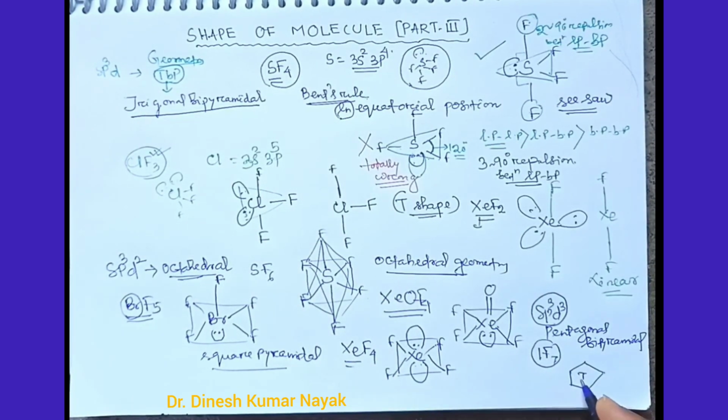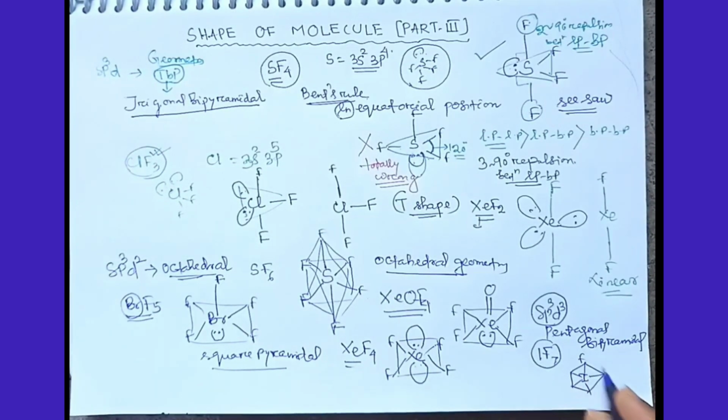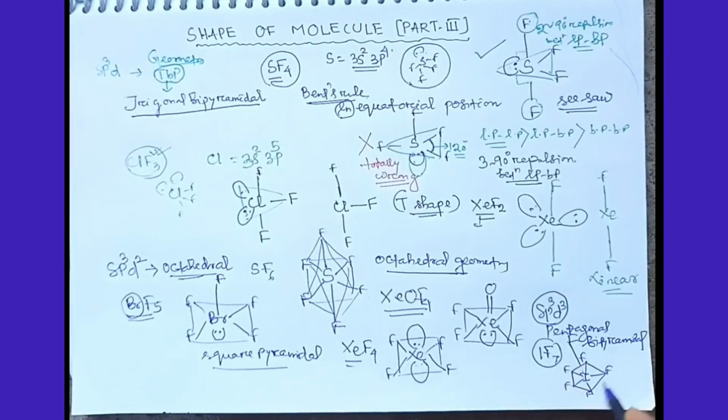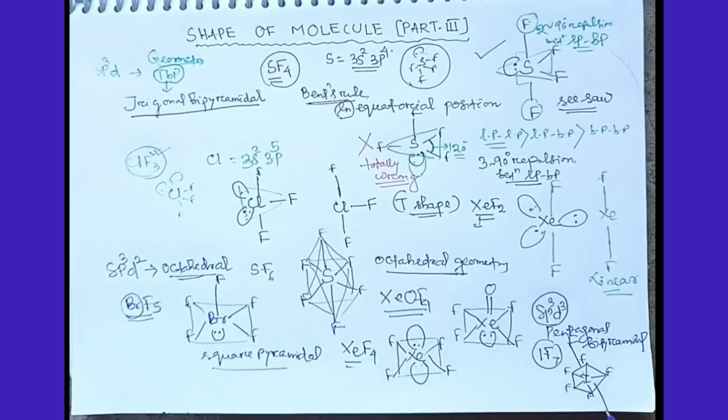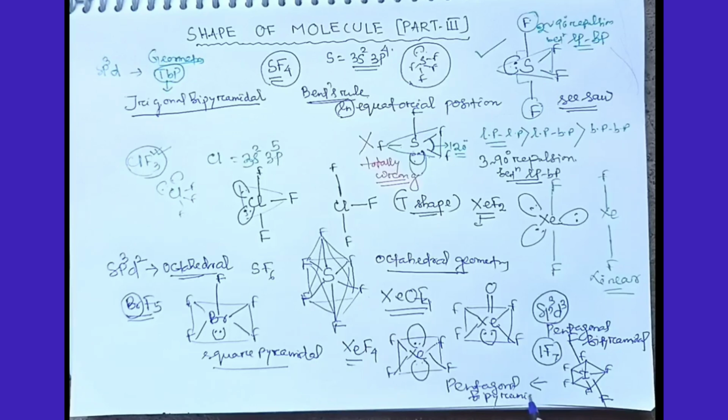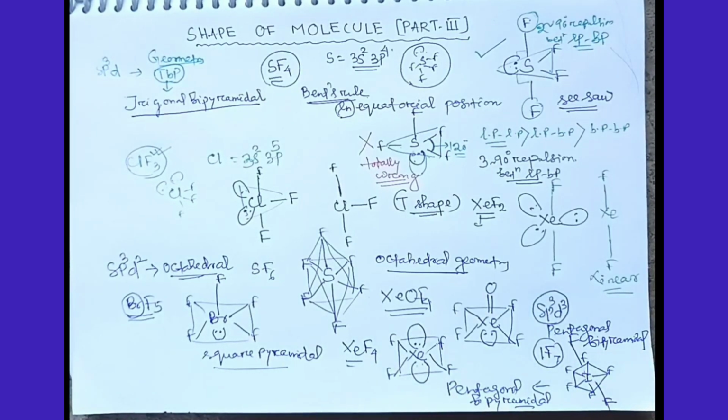In the center we will put iodine. So 5 fluorine atoms in the plane, the 6th fluorine atom above the plane and the 7th fluorine atom below the plane. So if we draw it, it looks like pentagonal bipyramidal. So that's all about the shape of the molecules.